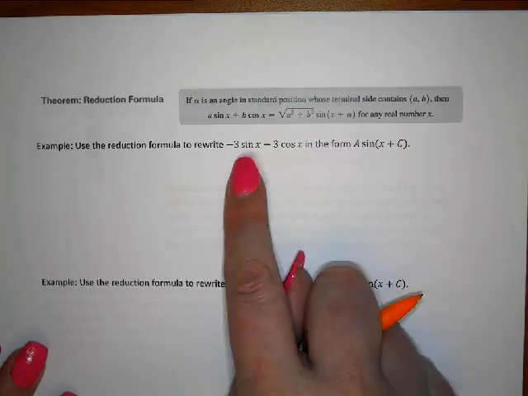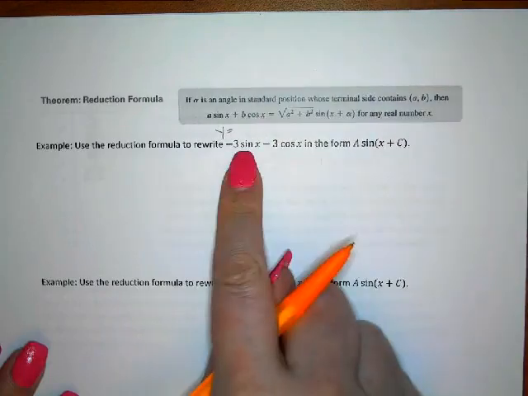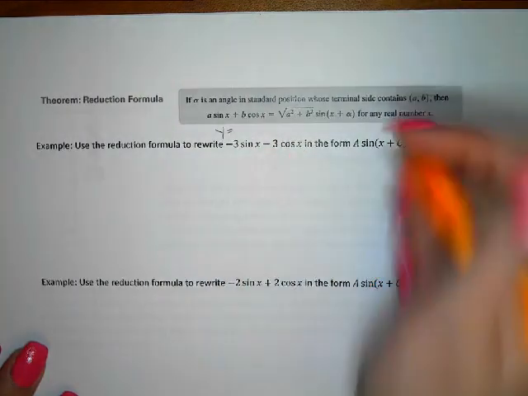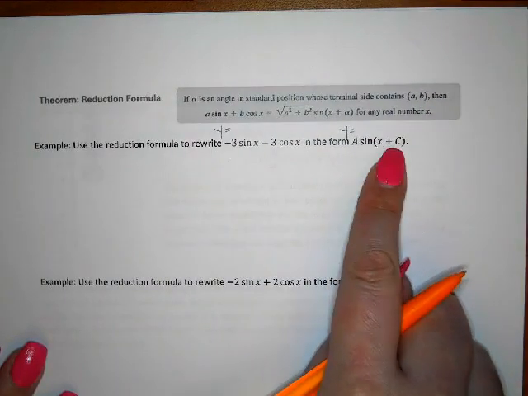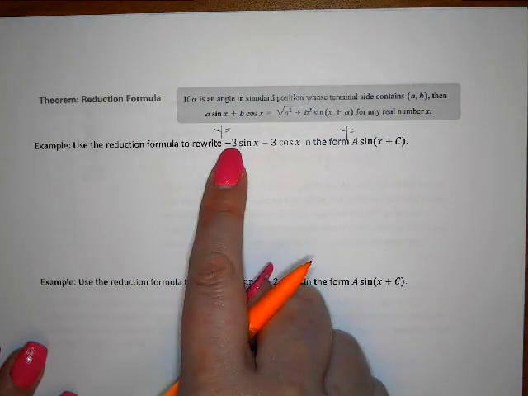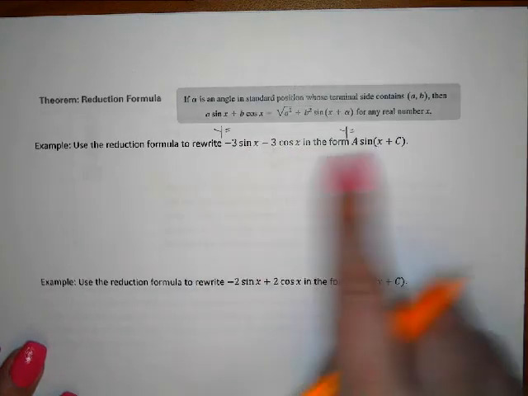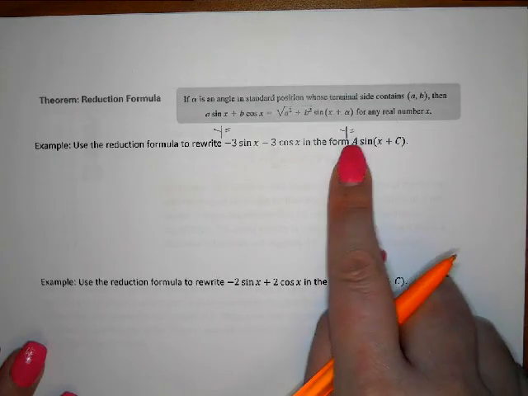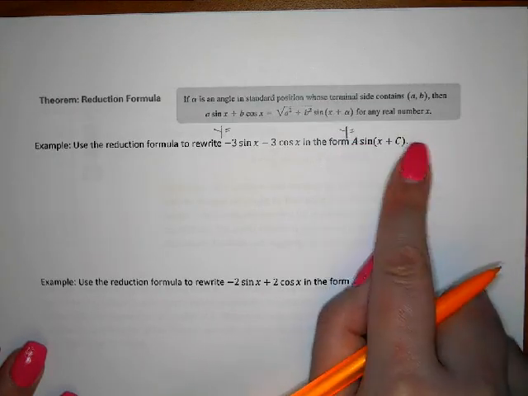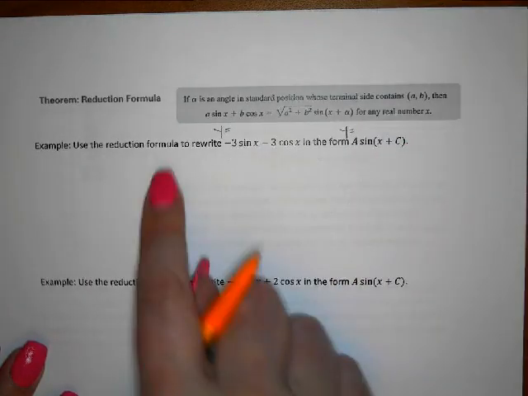You have something like y equals negative 3 sine x minus 3 cos x, and you're going to rewrite it as y equals a times sine of x minus c. So you're taking a formula with sines and cosines that we wouldn't really know how to graph, and rewriting it as a sine curve with some amplitude and some phase shift, something we would know how to graph. And so this reduction formula is actually kind of nice to work with.